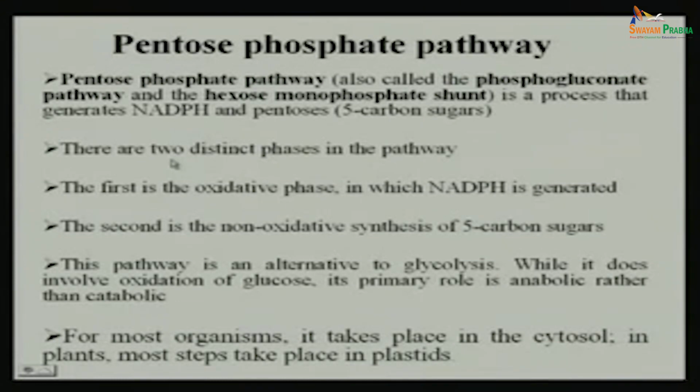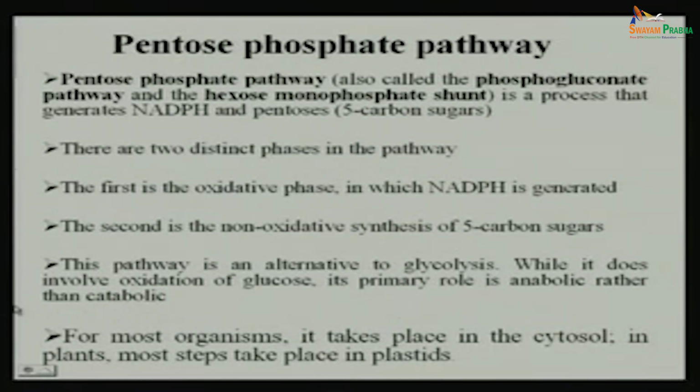If we see the entire pathway, we can divide it into two distinct phases. The first is the oxidative phase, in which NADPH is generated. In the second phase, the non-oxidative synthesis of 5-carbon sugars takes place. This is the pathway which is alternative to the glycolytic pathway.